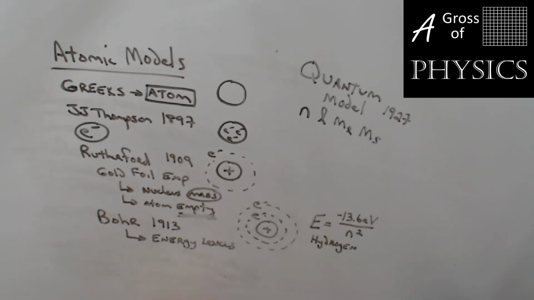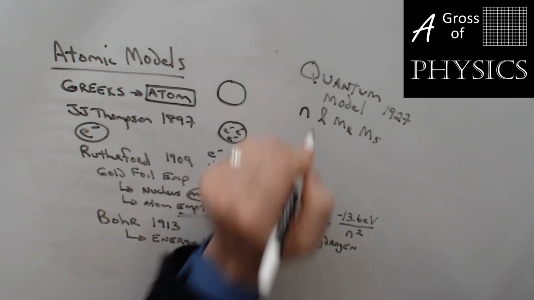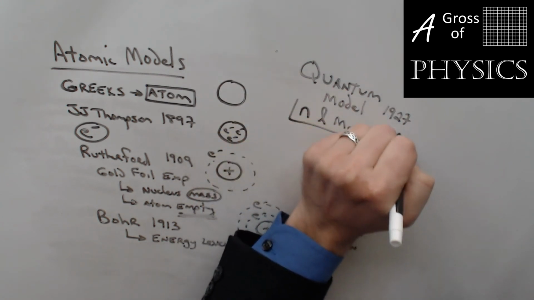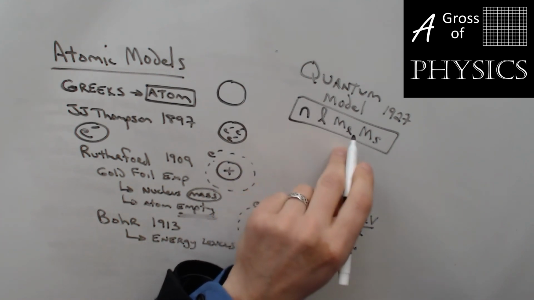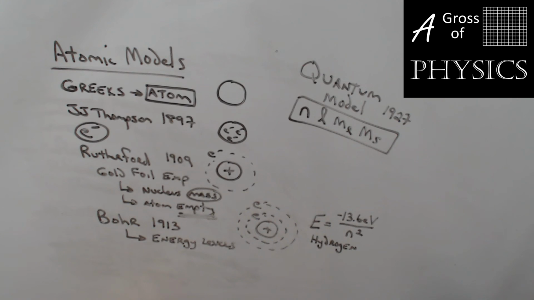And what this is doing is allowing us to further understand the atom and make it more applicable for more complex structures. Now, in this course, the quantum model is not something we cover too in depth, but I want you to be aware of the fact that the quantum model exists. In order to identify an electron, we use 4 numbers, the N, the L, the M sub L, and M sub S, and each electron in an atom will have a unique set of numbers.